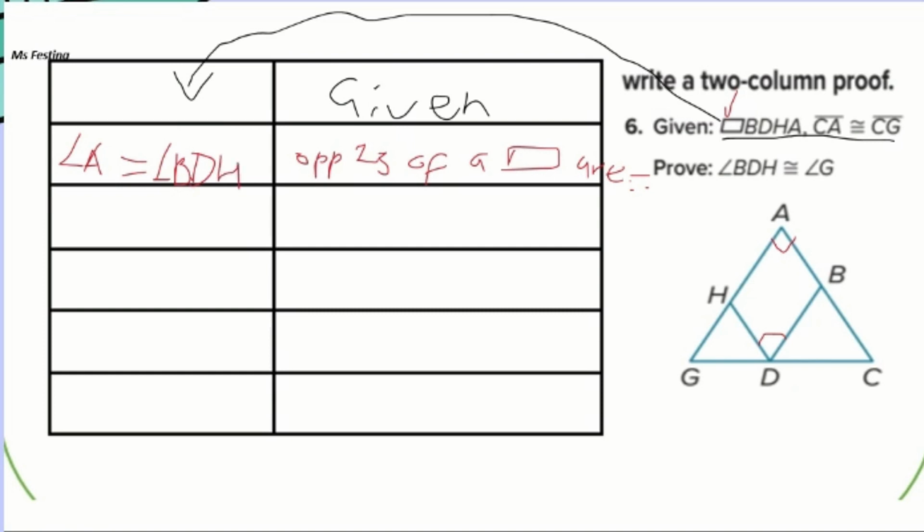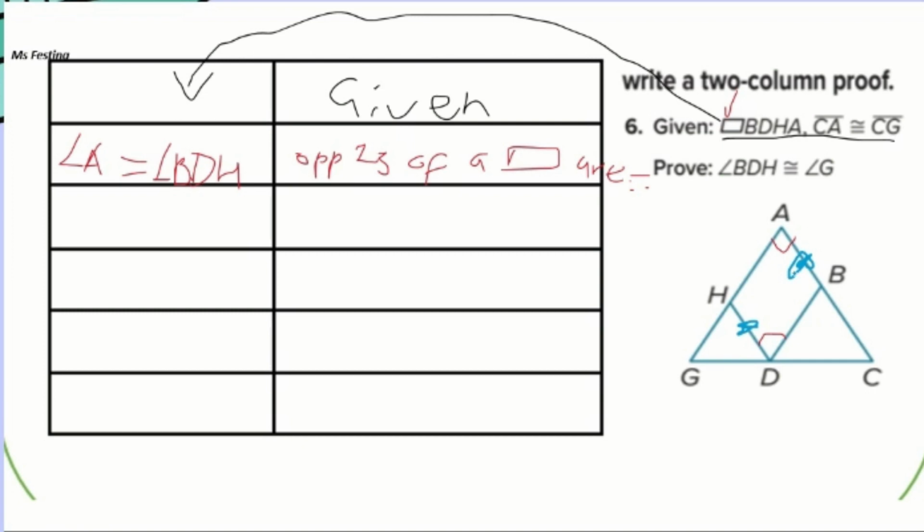Okay. Now we have established that that angle is equal to that angle. The other thing that we know about a rectangle is that the opposite sides are also equal. So I have this side here, BH, will be equal to this side here, AB. And if this is equal to that, then it means line AG and line BD are parallel to each other.